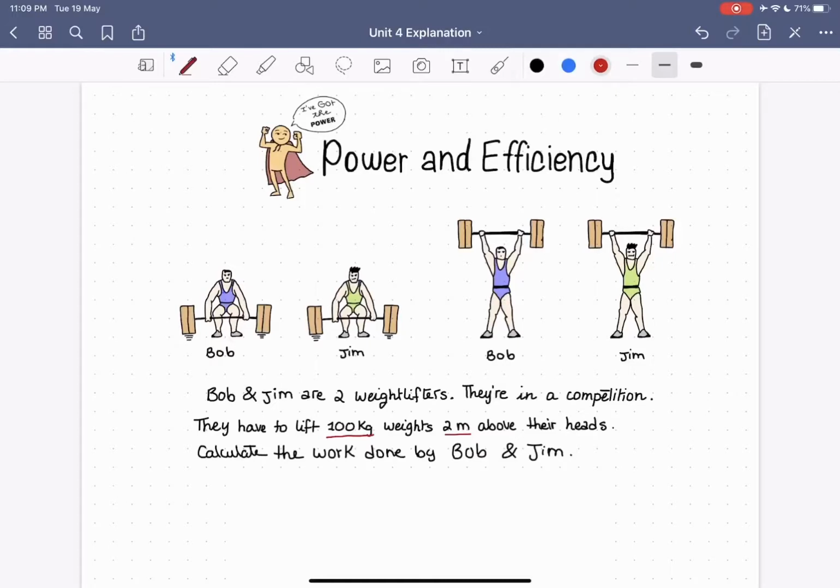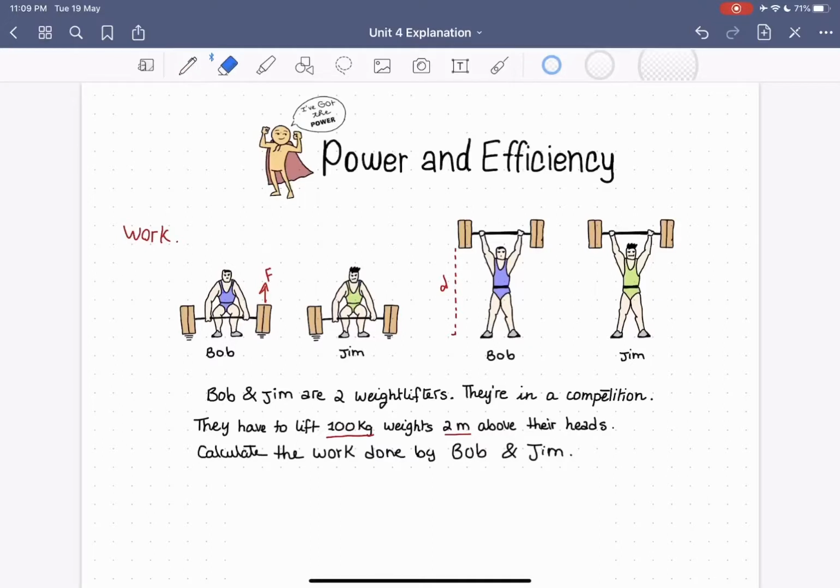So we know that when Bob or Jim exert an upward force on the weights, and the weights are displaced by a specific distance, because of this force and this distance, work is done by them.